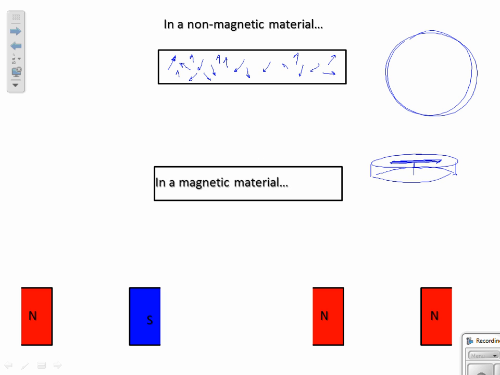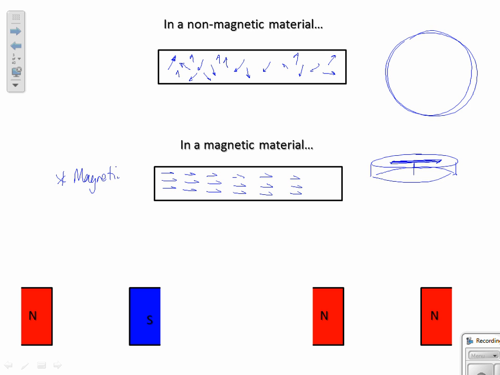But in a magnetic material, all these little magnetic domains end up pointing in the same direction. All right? You get the idea. So we say here that magnetic domains are aligned. Where do these magnetic domains come from? We'll get to that.